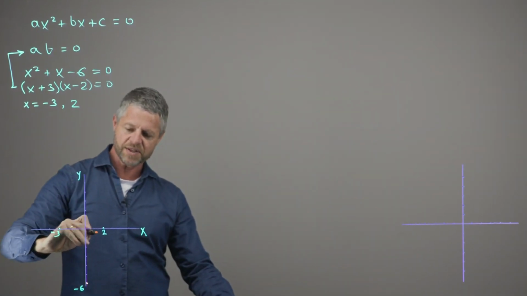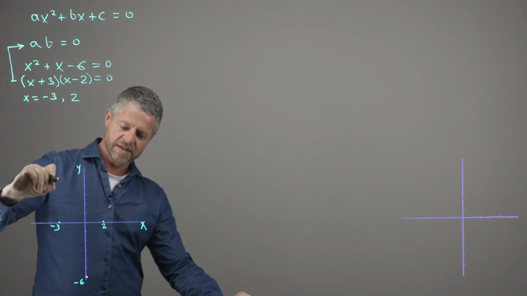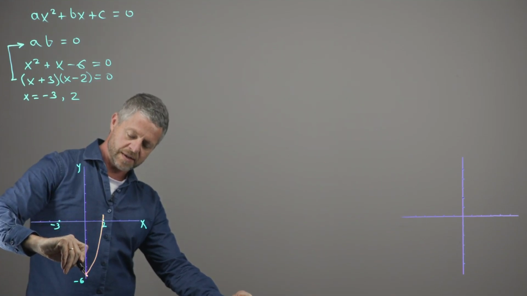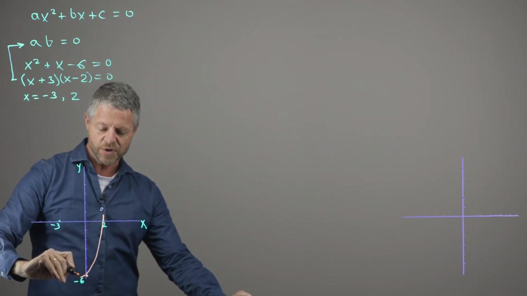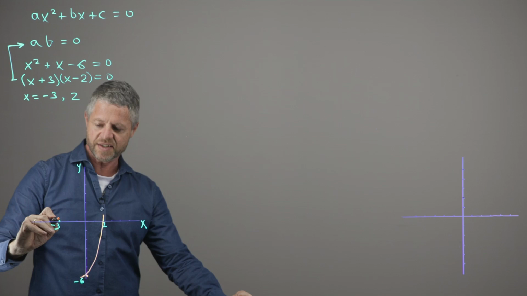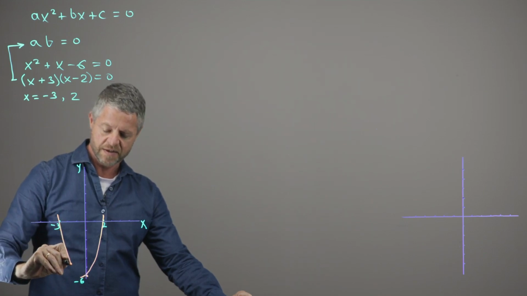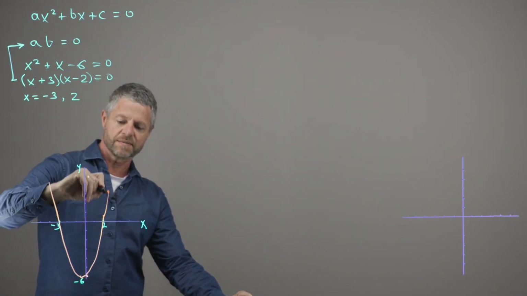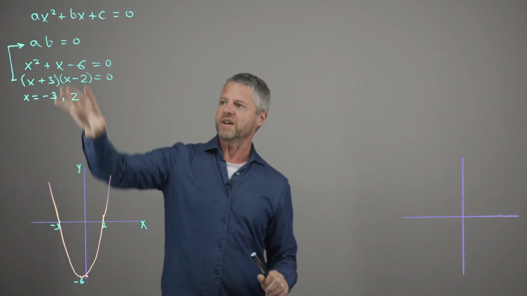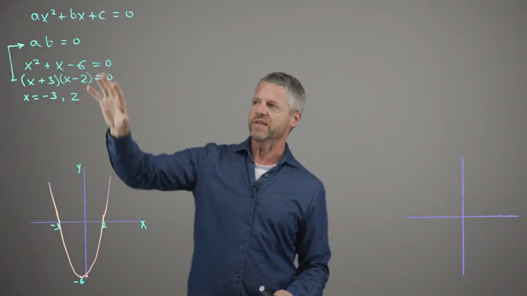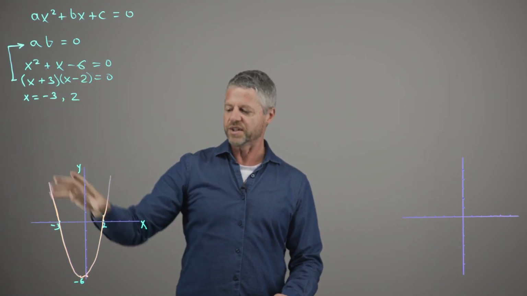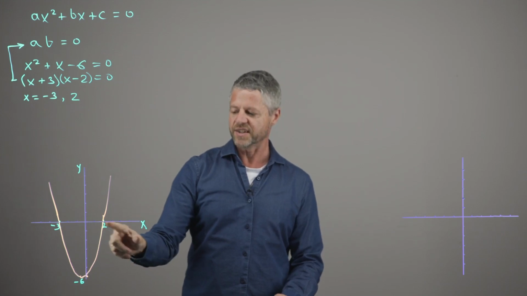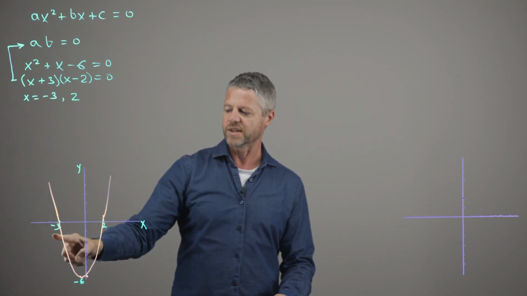The parabola is going to look a little bit like this. It's going to dip down below minus 6 to the left of the vertical axis, then join up here, and keep going up. So there's a graph of this quadratic function, and the roots of the equation are where the parabola crosses the x-axis, the horizontal axis, at x equals 2 and x equals minus 3.